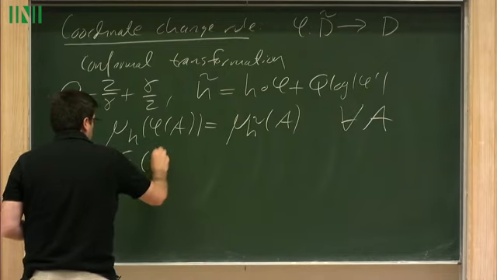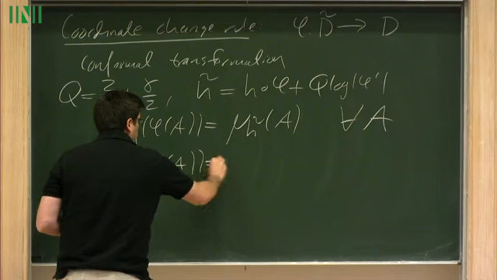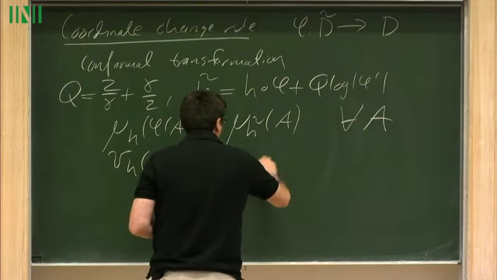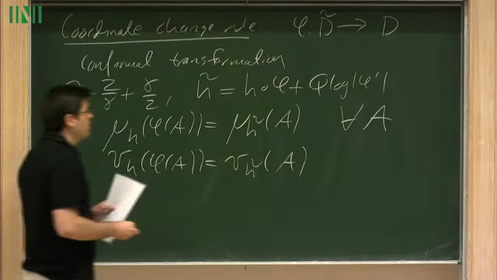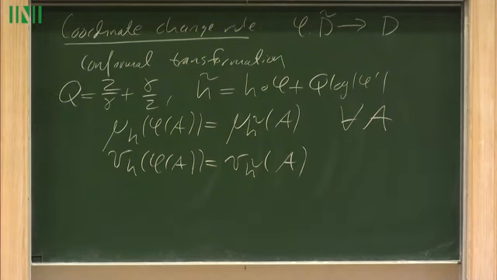So mu h of phi of A is equal to mu h tilde of A. Okay, so this is how coordinate changes work in Liouville quantum gravity.